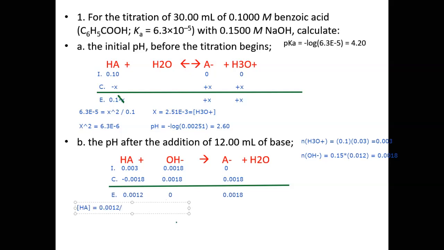So we need to divide by the total volume, (30 plus 12). And we find the concentration of weak base.